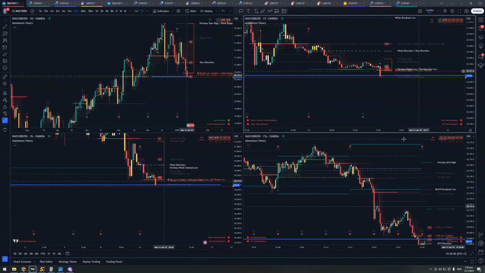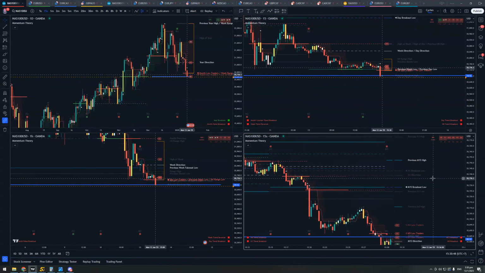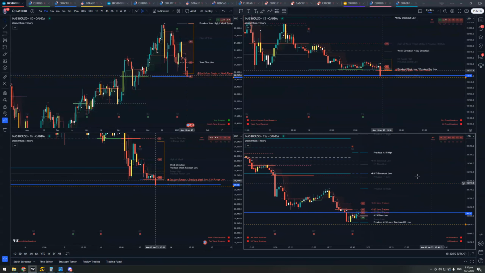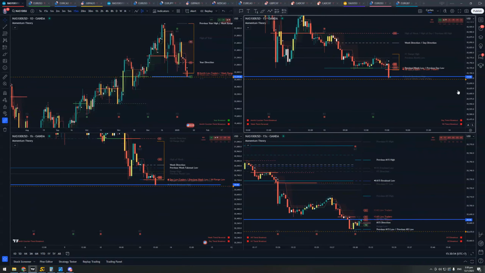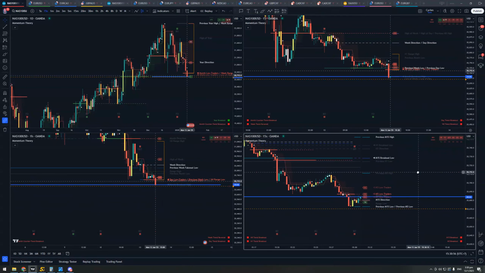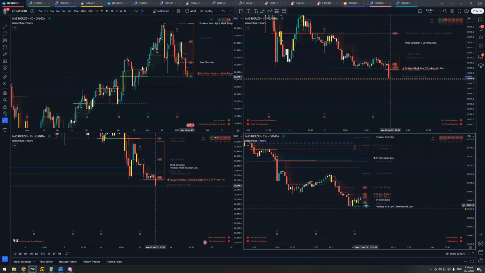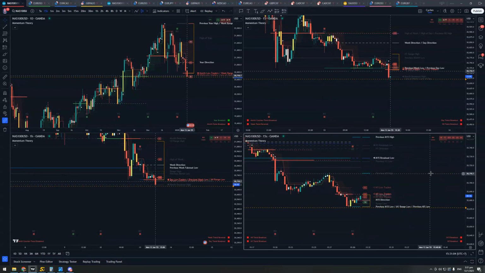Let me drop down to lower time frames on the 15 seconds here. I'm looking at these M15 levels, and I'm basically looking for a breakout of the M15 low. Either that or a fake out of the M15 high, M5 high.